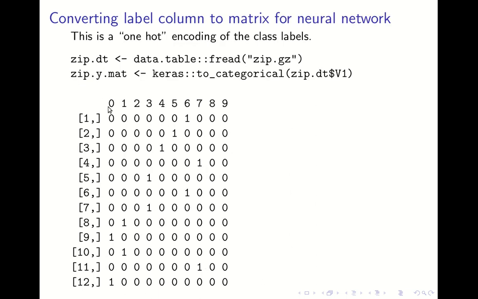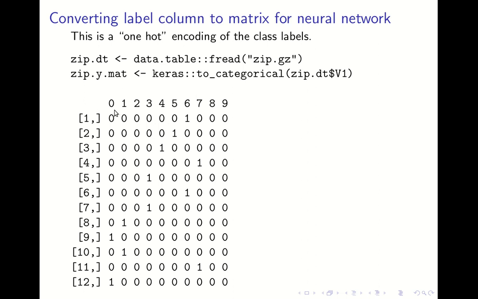And so to plug that into a neural network, what we need to do first for these multi-class classification problems is a one-hot encoding. This is what we call it. And the idea is that we want to create this matrix where the different rows correspond to different observations of different images, and the columns correspond to the different classes.